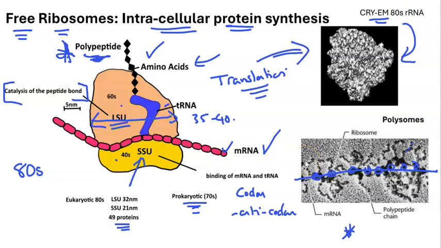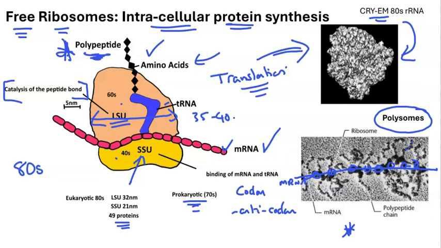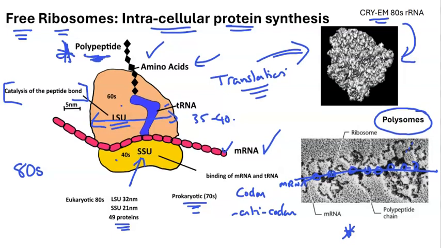And so we've got many ribosomes attached to one messenger RNA, and that is called a polysome. And the purpose of that is it greatly increases the efficiency of making of the proteins. So single ribosomes, intracellular proteins, proteins to be used within the cell.